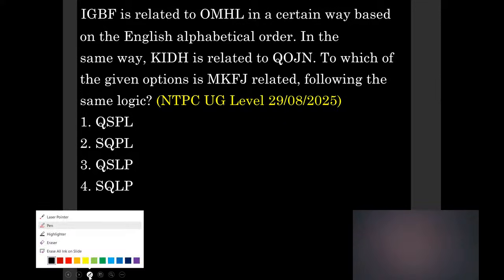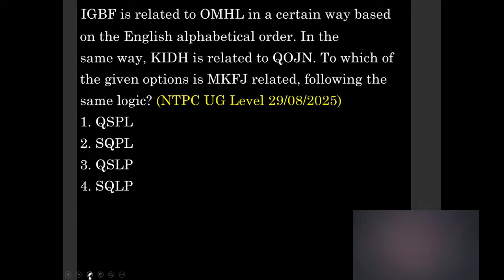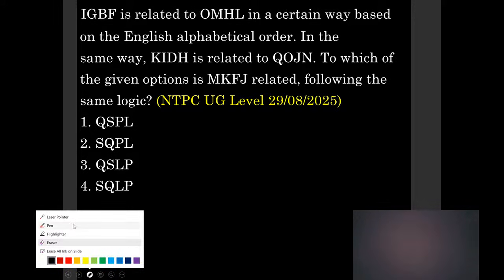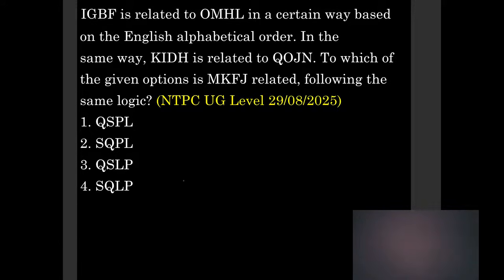First, you should know I means which number, next G means which number, B means which number, and also F means which number, based on alphabet to number conversion. IGBF. So first write those numbers.